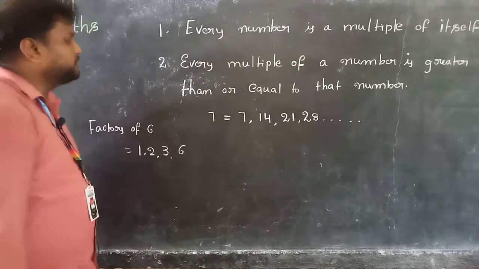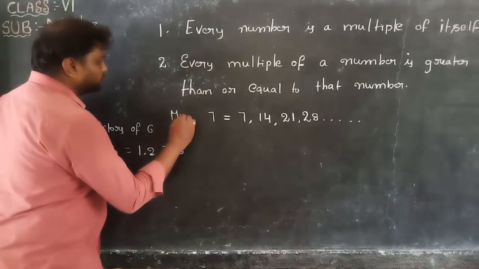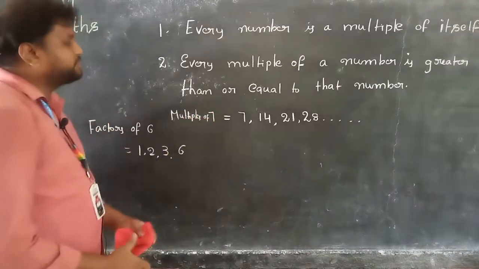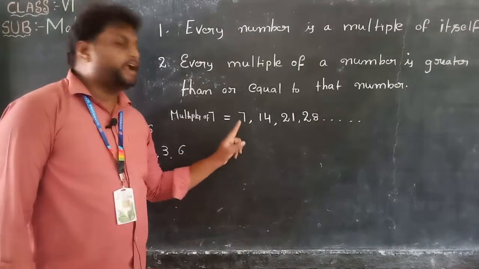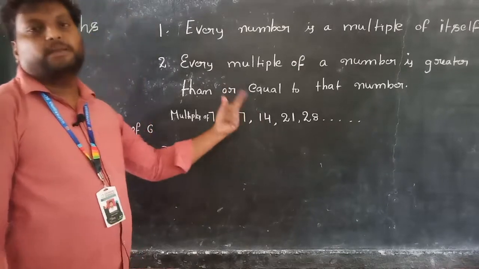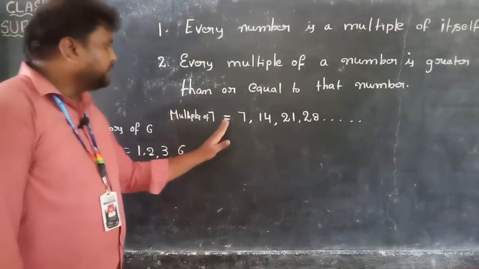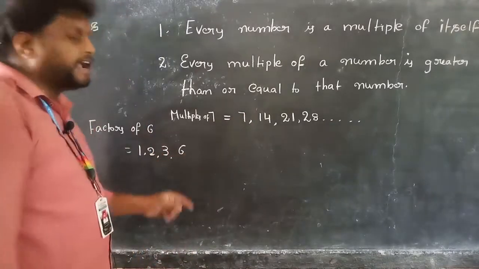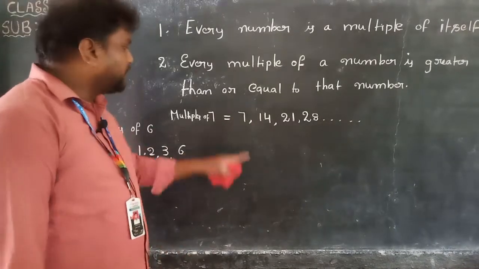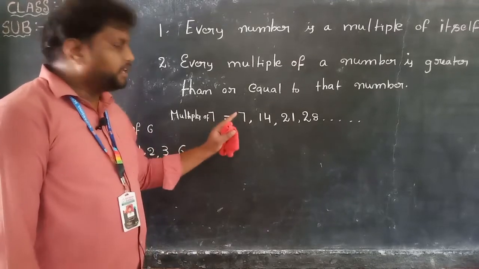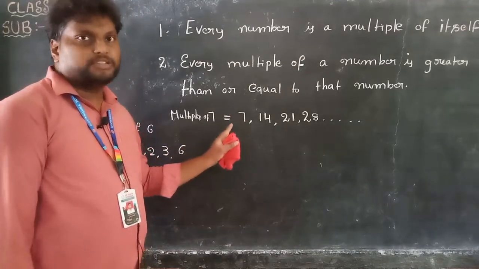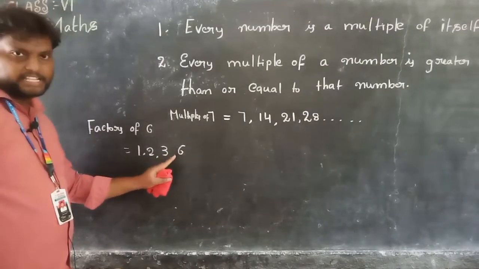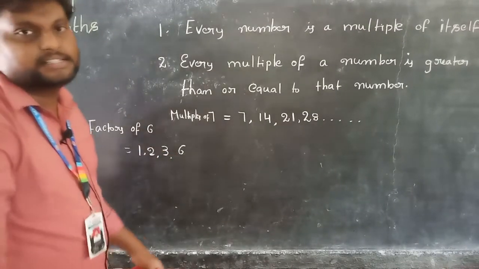Like that, in multiples of 7, 7 is the least value and 7 is one of the multiples of 7. Okay, here the same number is the least value in multiples, and the same number is the highest value in factors. The same number is the least or starting value of the multiples, and the highest value of the factors.